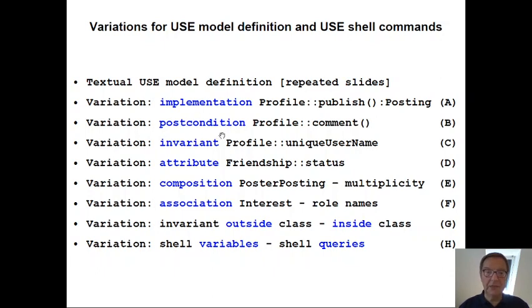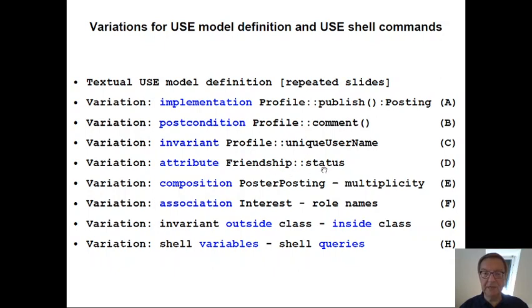The second variation is on a variation on a post condition. Then we will have a longer discussion on one of the central invariants. For the profiles, we have required that the usernames are unique, and we will have a longer discussion about this topic.